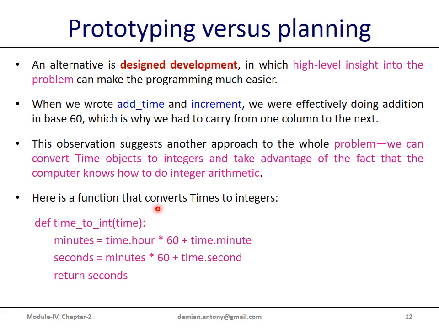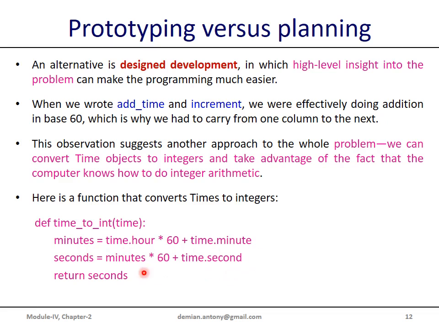Here is a function that converts the time object to an integer quantity. We define a function time to integer. It takes a time object, and first we take up the hours and we convert that hours into minutes.